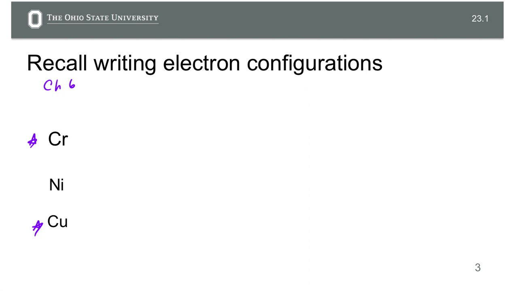All right, so when we write an electron configuration, we're essentially trying to figure out which valence electrons are available for reactions. And so the core electrons we care less about. If we're looking at our periodic table, we want to figure out the electron configuration for nickel.